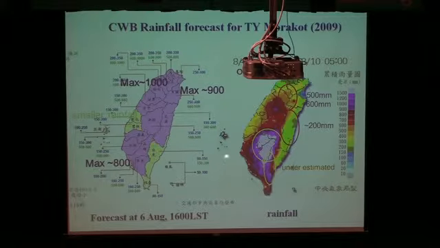Another overestimated area is the northern part of Taiwan. As you have seen from the previous talk, this system is very asymmetric. The rainfall is small in the center area, so we overestimated the rainfall over the northern part of Taiwan.